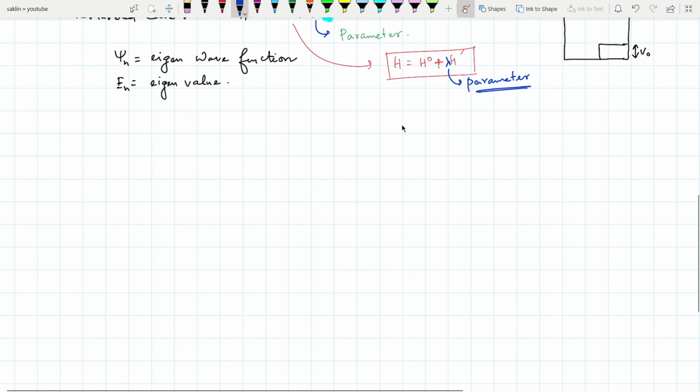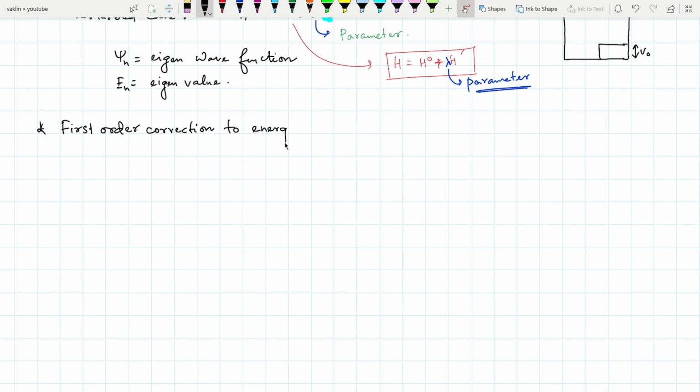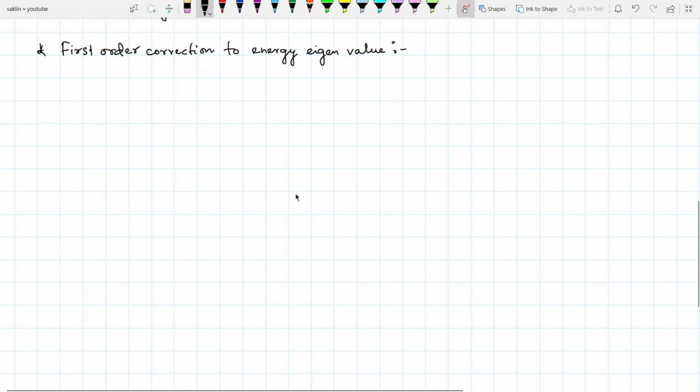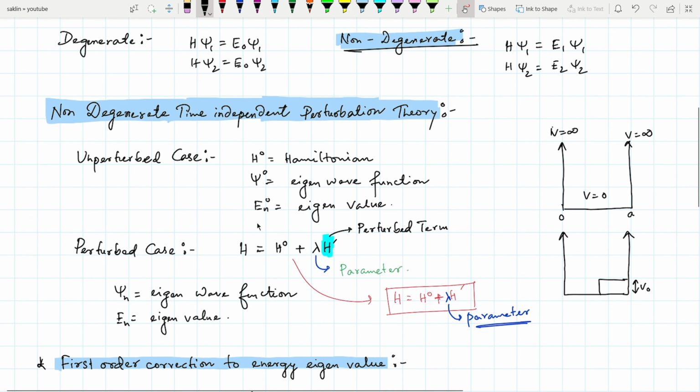So first we will derive the first order correction to the energy eigenvalue. Energy eigenvalue, this is our goal. In this video we will see it first. So we all know this.